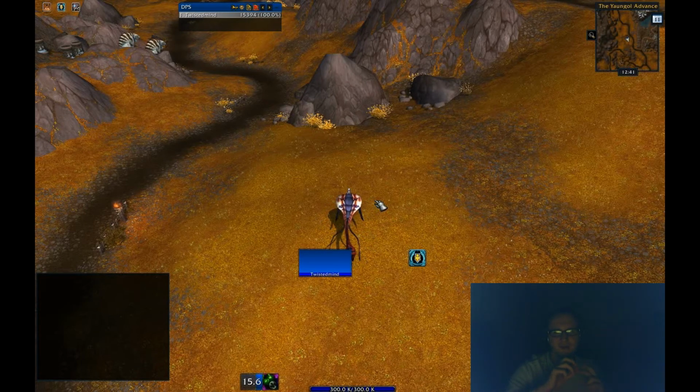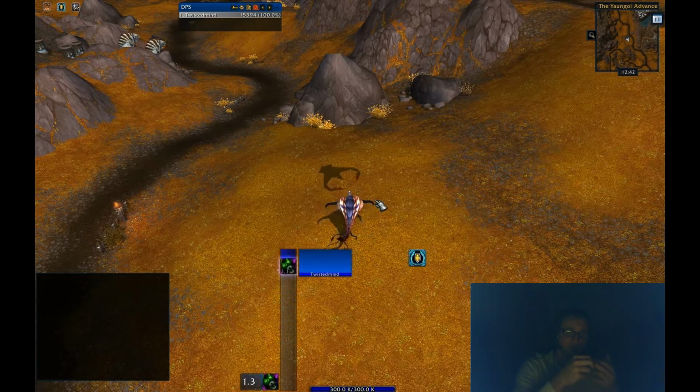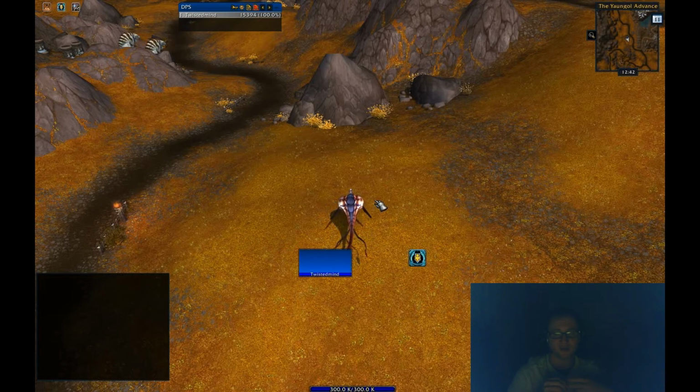I'm really on the fence right now, because what I did in the last expansion is I had the Angelic Rapture sound going off, and then I also had a sound that would ping every time Evangelism was ready to go, because that means you can cast a Holy Fire every 10 seconds, or you can cast some other spell, or you need to be alerted that, oh, my Evangelism stacks are about to fall off.